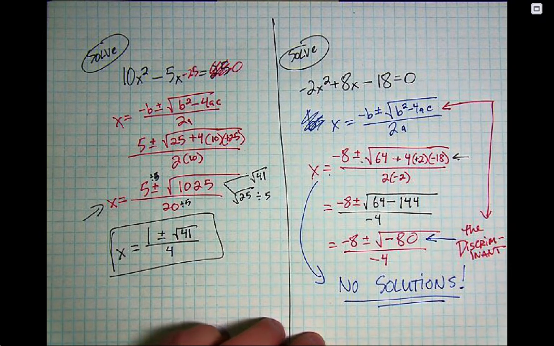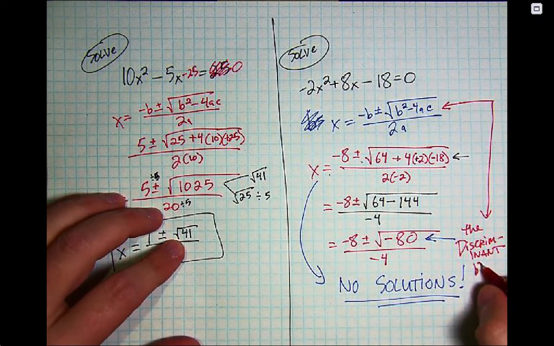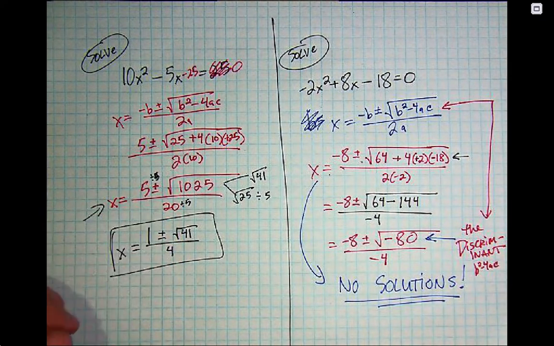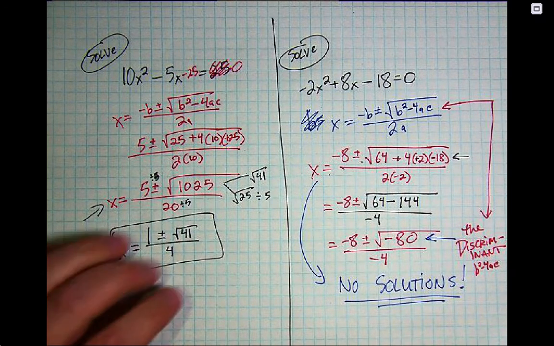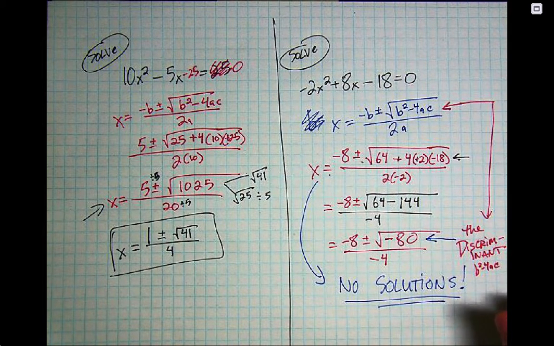The discriminant is b squared minus 4ac. It's called the discriminant because it allows you to discriminate between what kinds of solutions you're going to have when you do your solution method problem solving scheme.